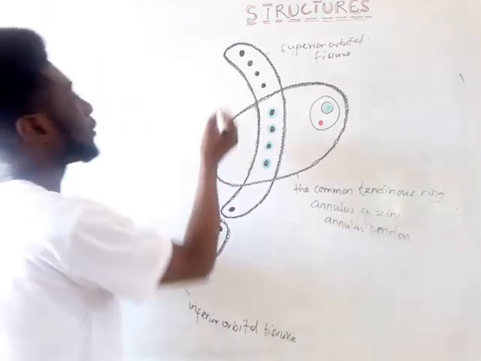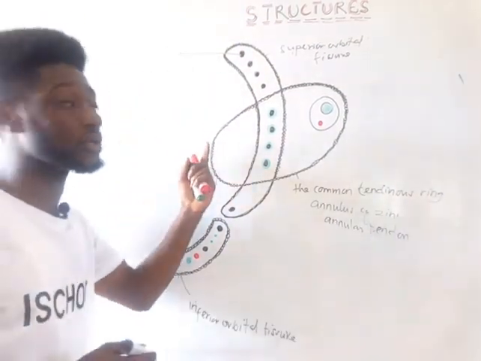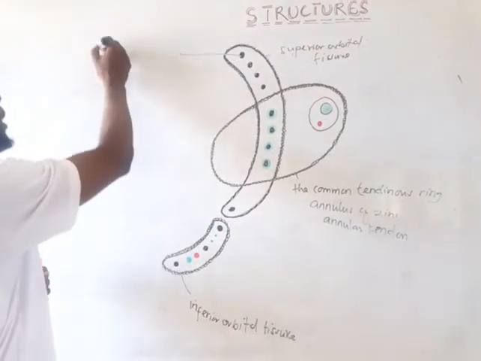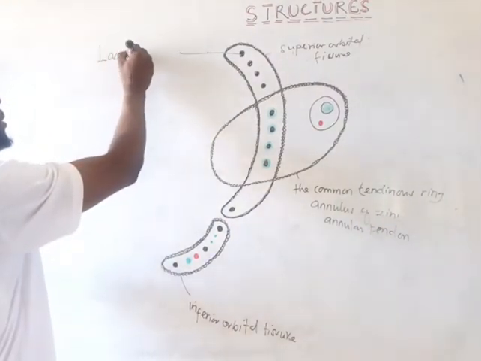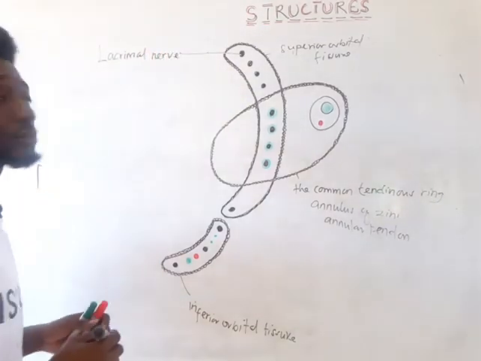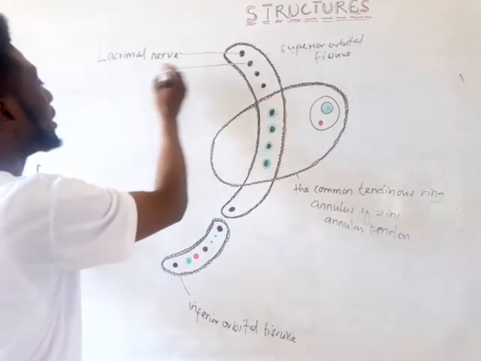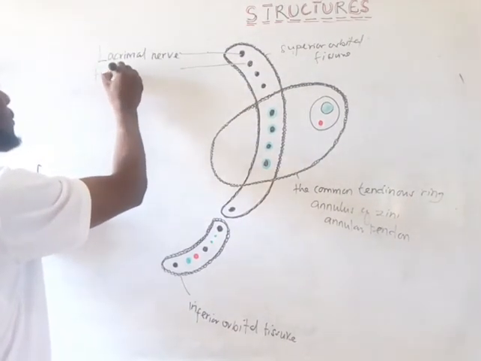Right. Now, the first structure passing through the superior orbital fissure is the lacrimal nerve. The second structure is the frontal nerve.